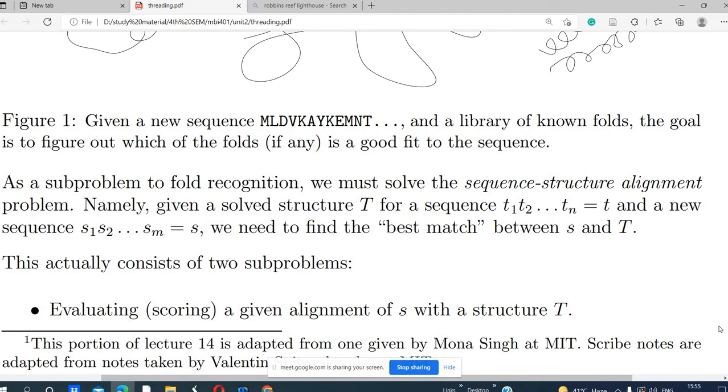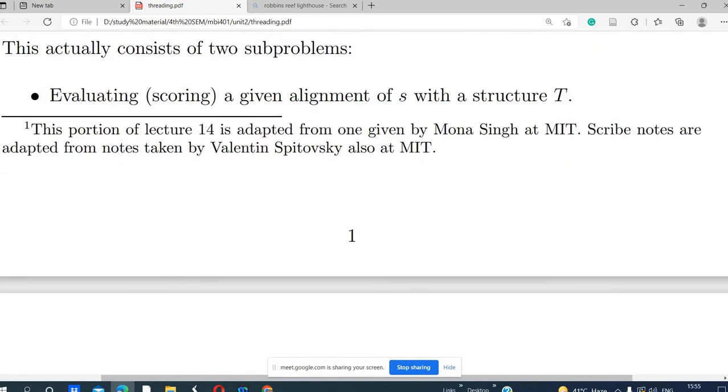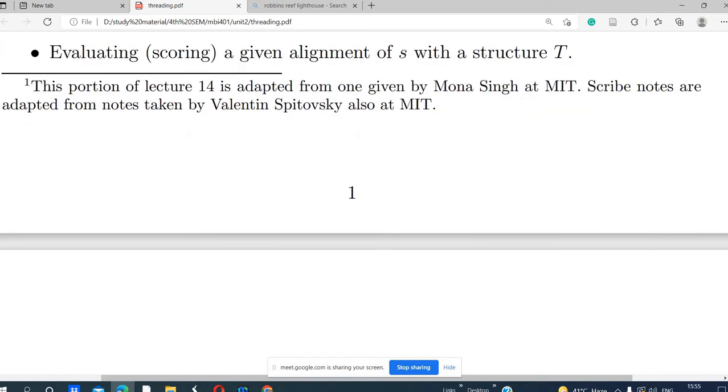We need to find the best match between S and T. This is our target. We can divide this problem into two sub-problems. The first is evaluating a given alignment of S with structure T. First we will do the alignment with the structure T.